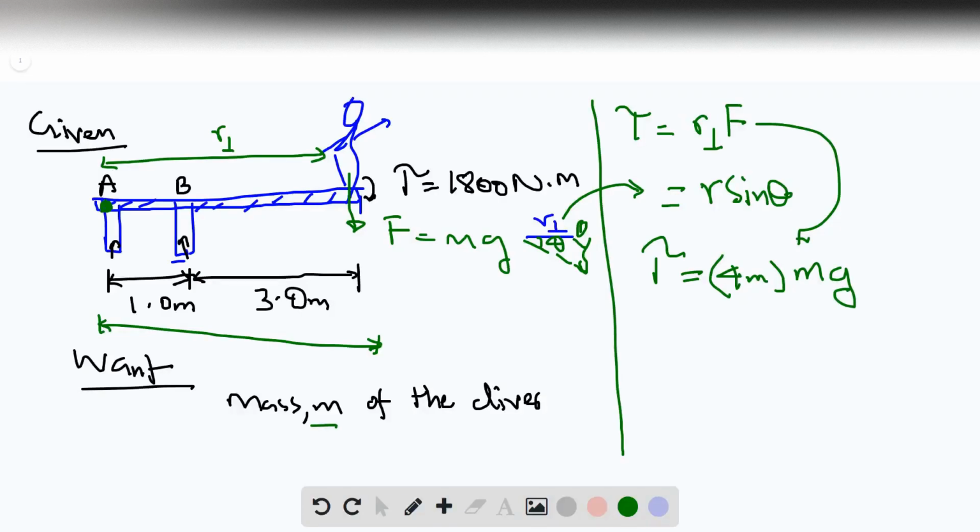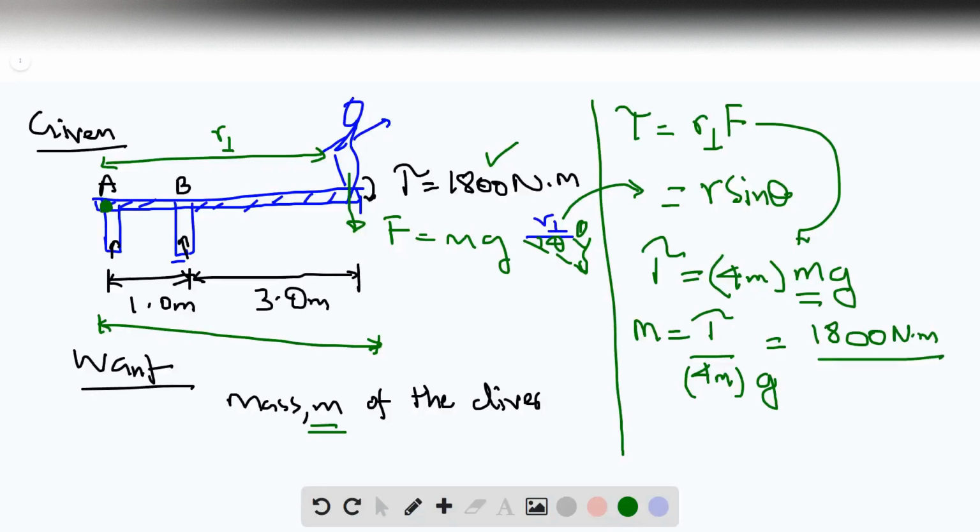So our goal is to compute the mass of the diver M, and that becomes M equals the torque over 4 meters times g, and the torque we're given as 1800. So 1800 Newton meters, all over 4 meters times 9.8 meters per second squared.